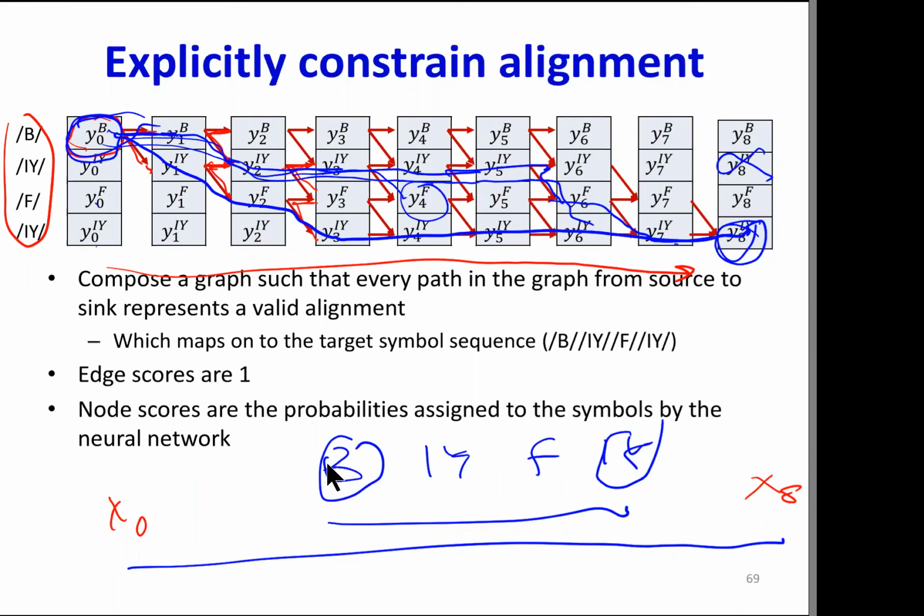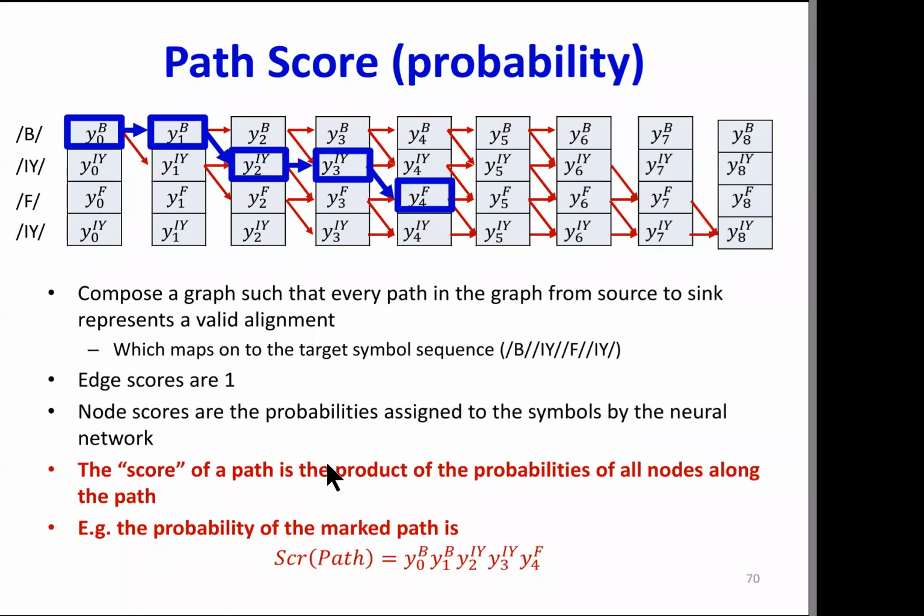So how do we find the best path through this from the top left to the bottom right? We want to find the most likely path, right? Now these are all probabilities. This table has actually got probabilities. YB0, for instance, is the probability assigned to the symbol B at time 0 by the recurrent network. So if I take any partial path through this graph, the probability of that path is simply going to be the product of all of the symbols on the path.